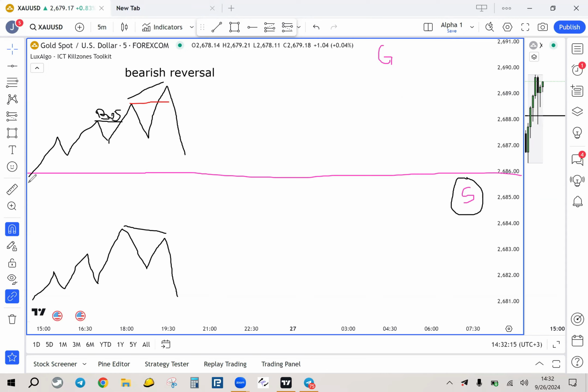What you need, from an SMT or divergence point of view, is for the indicator, in this case silver, to tell you that there is some sort of weakness going on in the market. We had a strong bullish market so far, but right now it is expected for that market to be weak. It's not strong anymore, it's going to become weak.